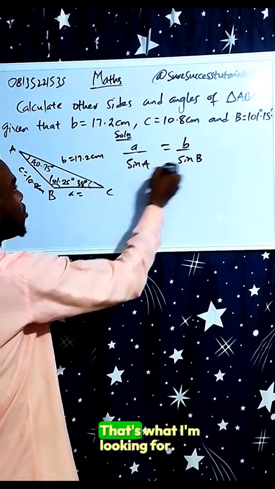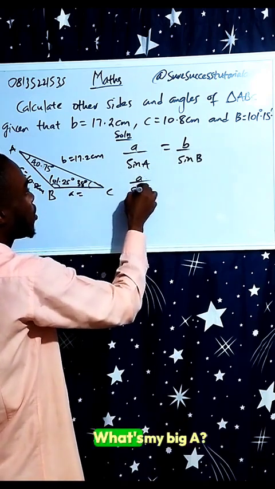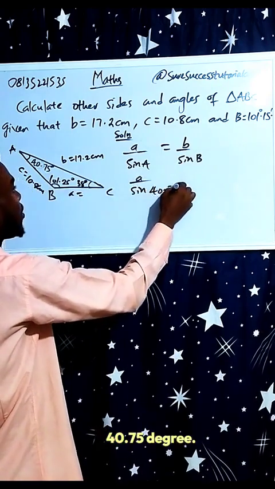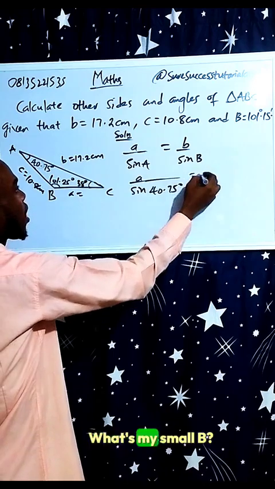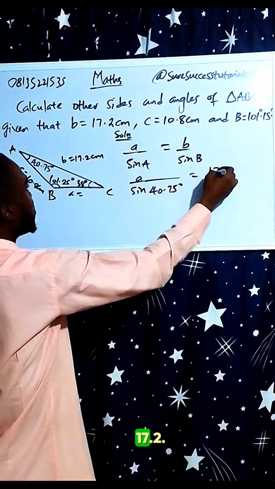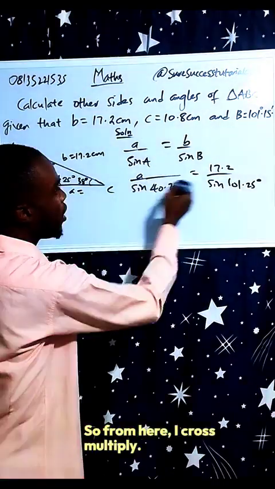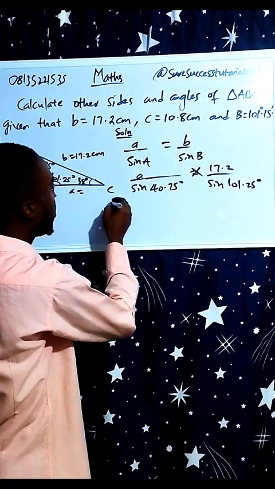I don't know, that's what I'm looking for. My big A is 40.75 degrees. My small b is 17.2. What's my big B? From here, I cross multiply.